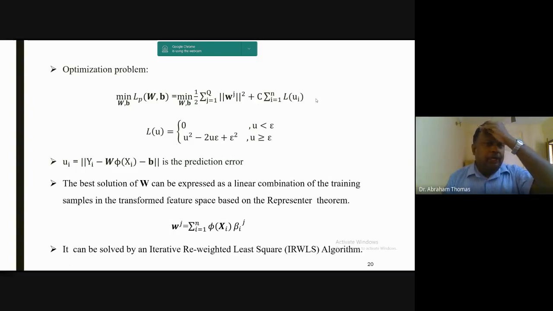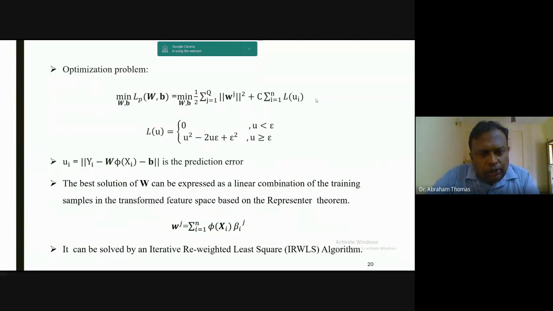Here ui is equal to the L2 norm of Yi minus W into phi of Xi minus b, which is the prediction error. So this is the optimization problem which we have to solve. We have to find the W and b which minimize the total loss function L_P(W, b).